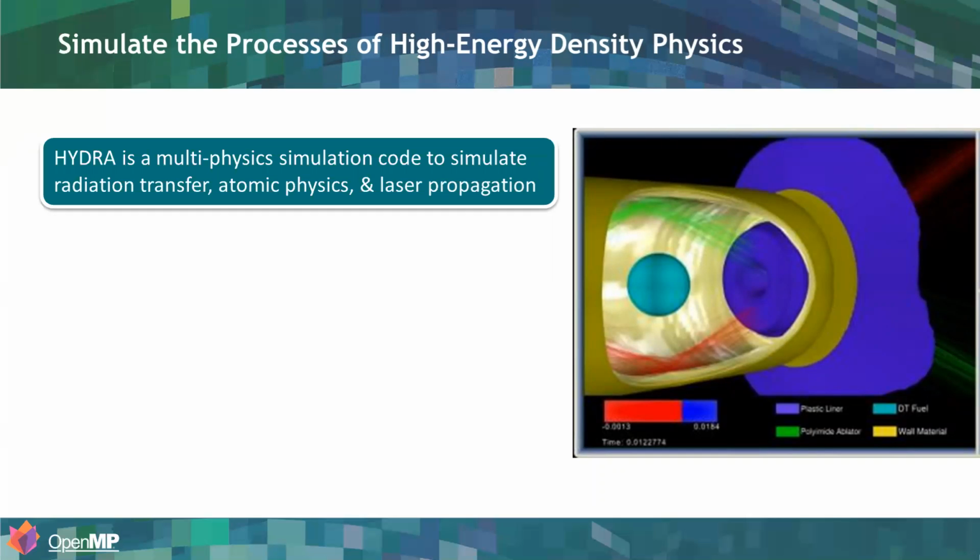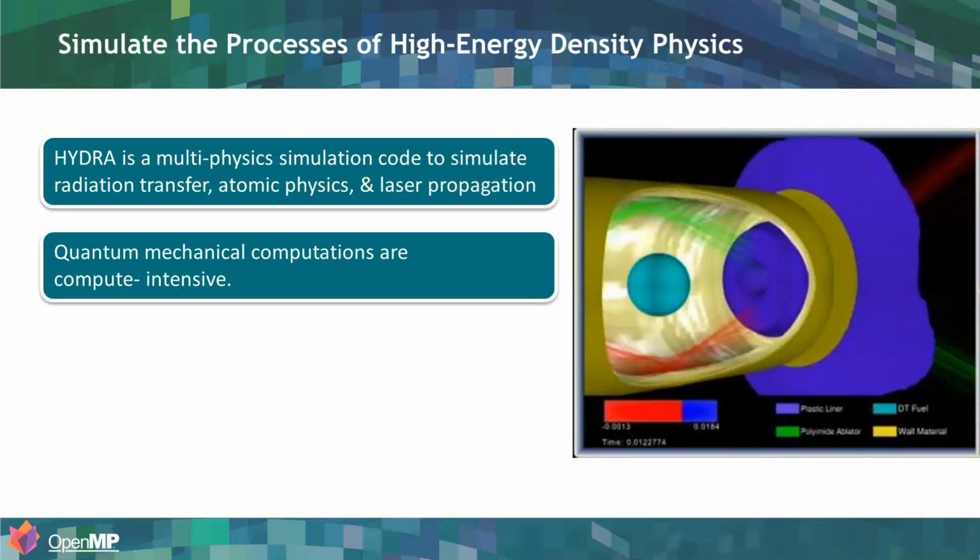The red is a laser beam below the image, and the green on the top of the image is also a laser beam. This has been implemented with the Hydra code, which is a multi-physics simulation code with which radiation transfer, atomic physics, and laser propagation are computed.